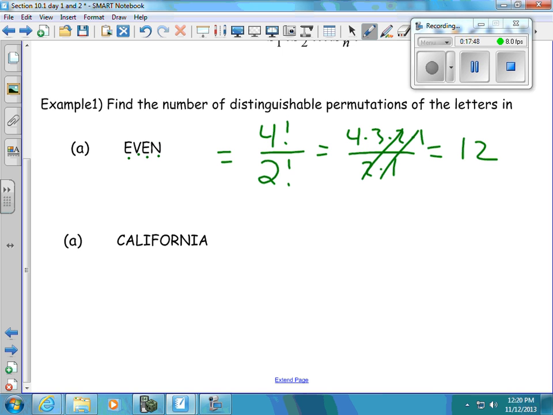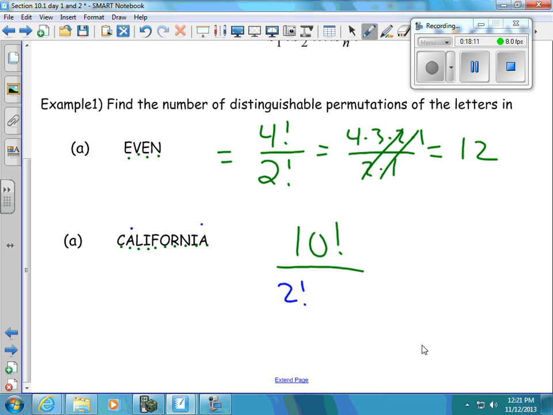Okay? California. Okay, well, there's 1, 2, 3, 4, 5, 6, 7, 8, 9, 10 letters in the word. A repeats twice. I don't think it repeats any more times, so 2 factorial. And any other letters repeat?